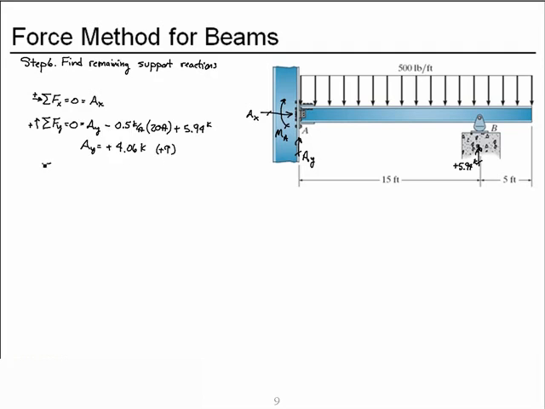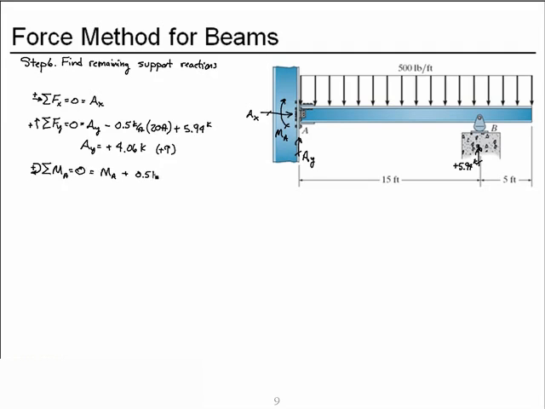Now we're ready to sum moments. I'll choose to sum moments about point A. I get to choose the direction of positive for my summation, and I'll choose clockwise since most of the applied loads are going to give us a clockwise contribution. MA is clockwise.